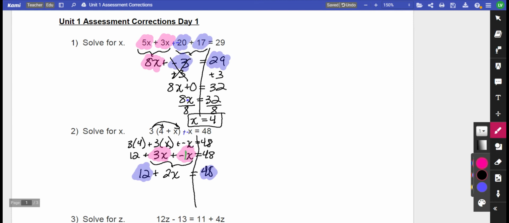Because they're on different sides of the equal sign, that means that I need to do the inverse operation, so I have to subtract 12 from both sides. This leaves me a 0 pair, so I'm left with 2x equals 36. Divide both sides by 2, because it's the inverse of multiplying by 2. So that leaves me with x equals 18, or 1x equals 18.